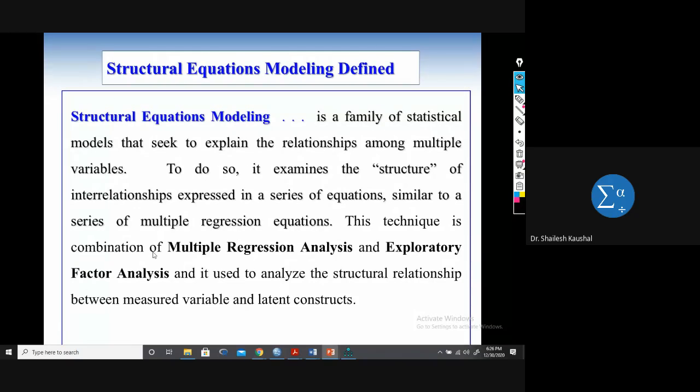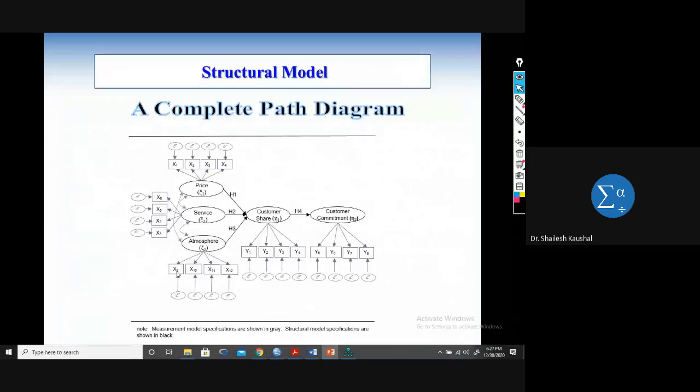This technique basically uses two things: we apply the concept of multiple regression analysis and exploratory factor analysis. Okay, now you can see this is the complete path diagram. Basically, through this particular model we are testing our theory.